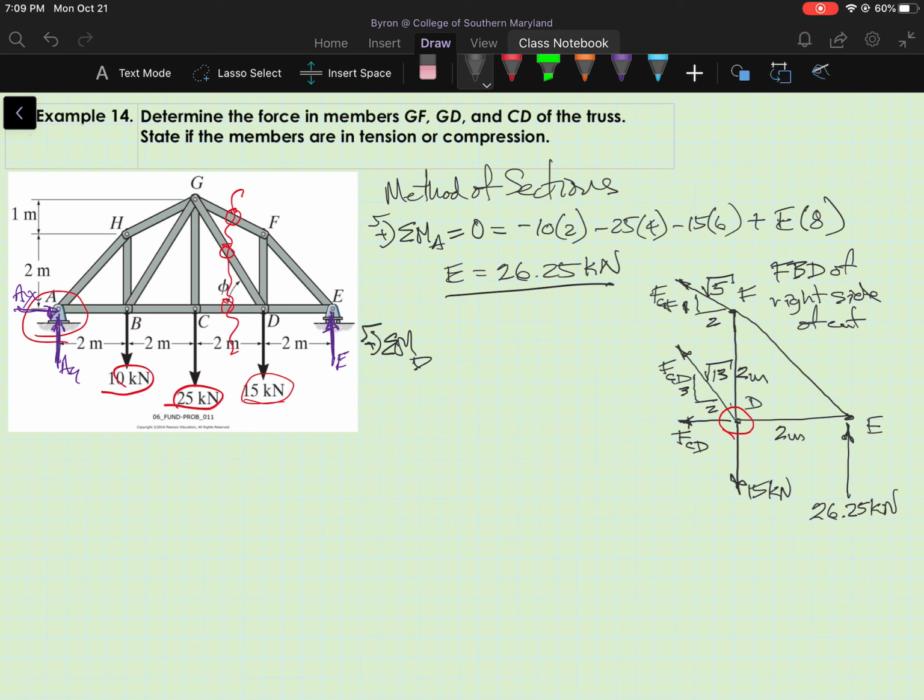Okay, and we'll have the sum of moments equals 0. We'll have 26.25 times 2 plus FGF, the x component of FGF, so we're going to multiply FGF by 2 over root 5.